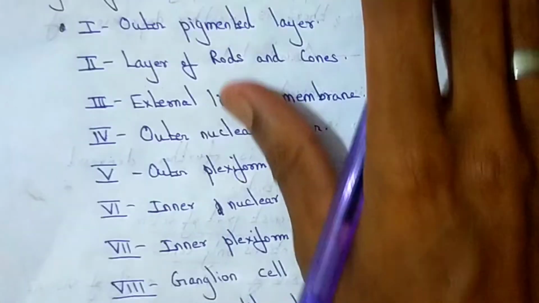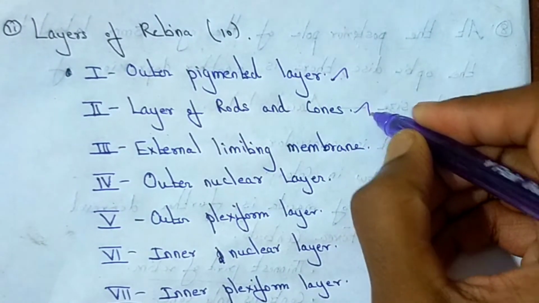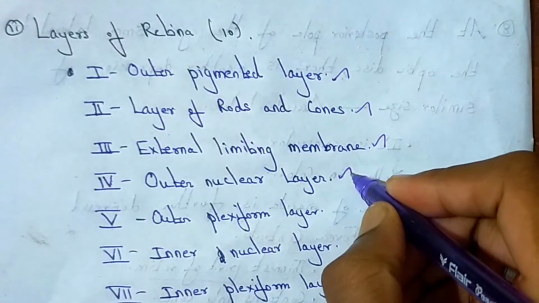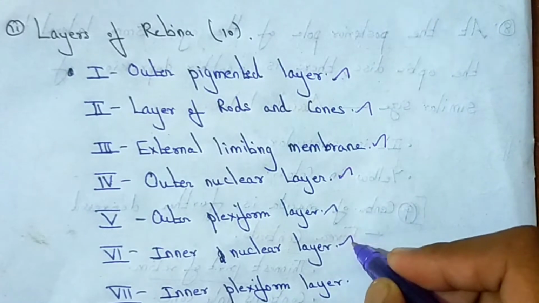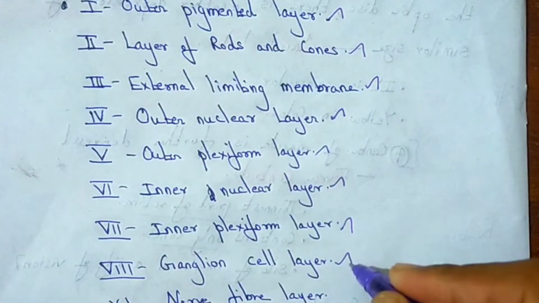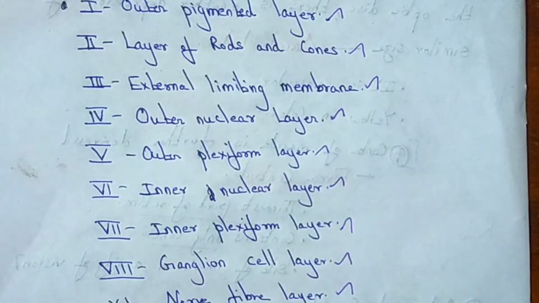It's formed of the outer pigmented layer, the layer of rods and cones, external limiting membrane, outer nuclear layer, outer plexiform layer, inner nuclear layer, inner plexiform layer, ganglion cell layer, nerve fiber layer, the internal limiting membrane.